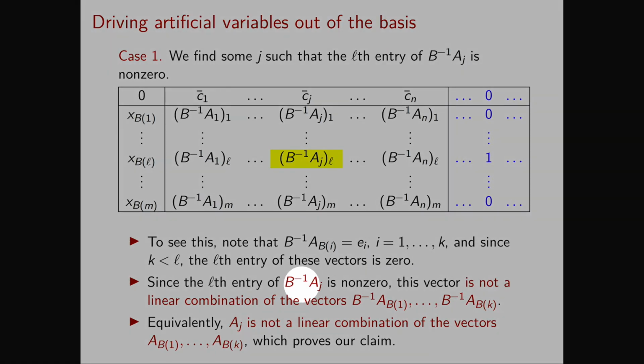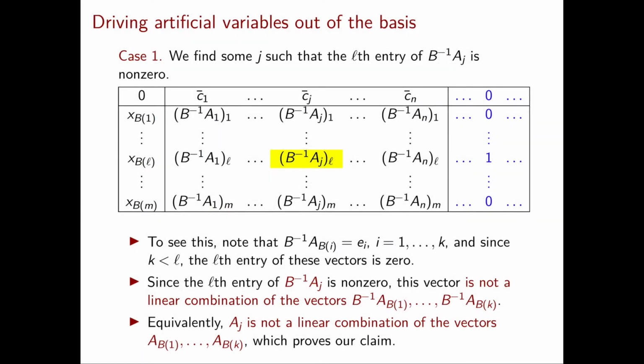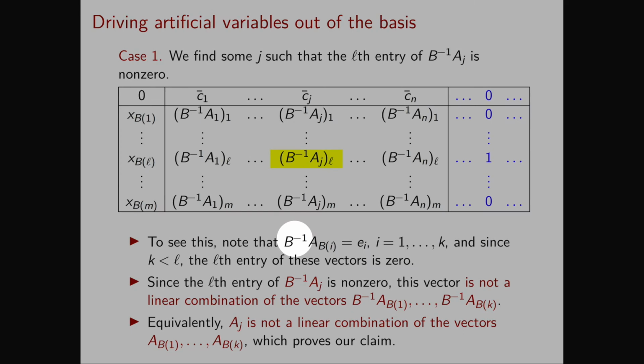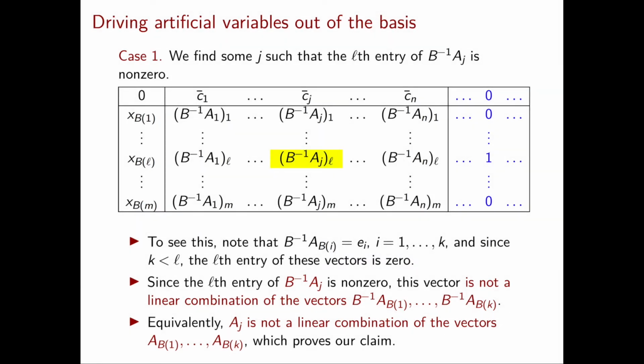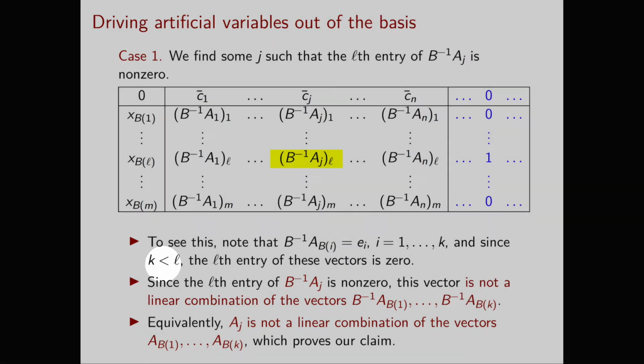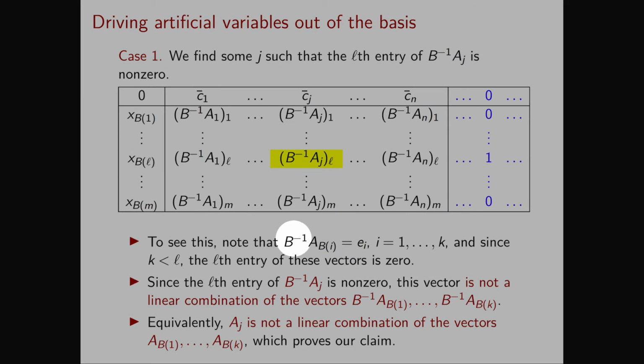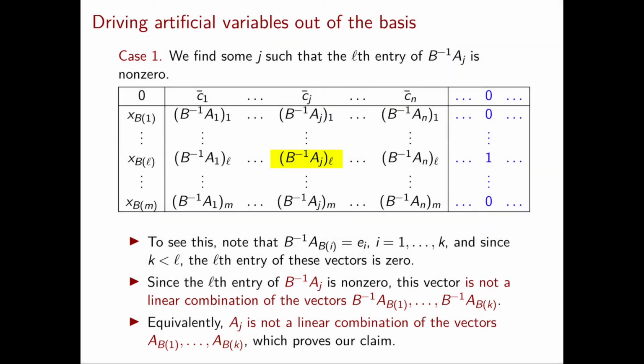Well, the nth entry of B inverse Aj is exactly our yellow entry, which is non-zero, while on the other hand, B inverse times ABi is equal to ei for every i from 1 to k, and since k is strictly smaller than l, the nth entry of all these vectors is equal to 0. We have thereby shown that Aj is not a linear combination of the vectors AB1, ..., ABK, as we wanted.